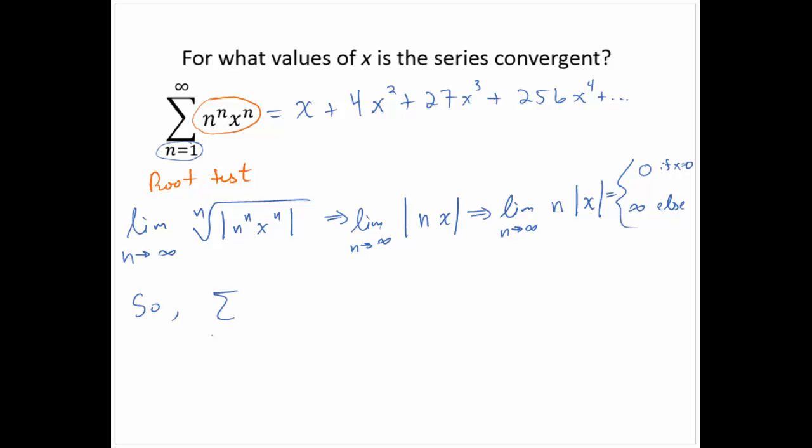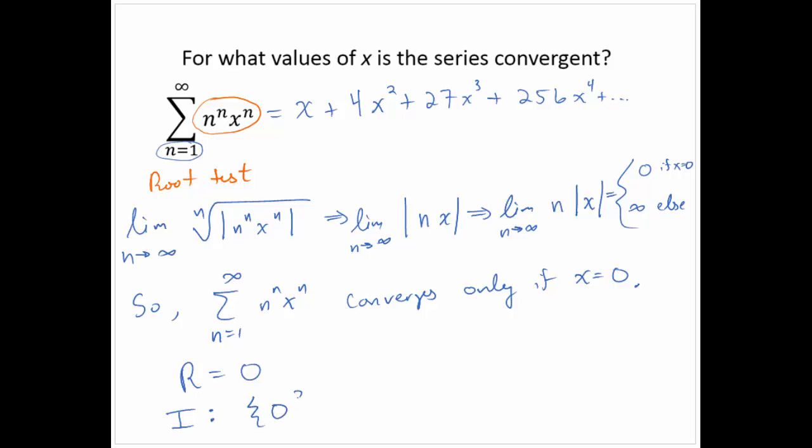So the sum from n equals 1 to infinity of n to the n, x to the n, converges only if x equals 0. The radius of convergence is 0, and the interval of convergence is a set containing just the number 0. So this series will only converge if x is exactly 0.